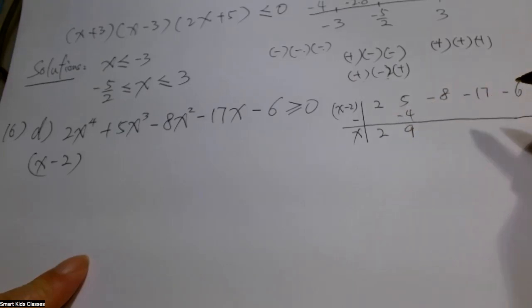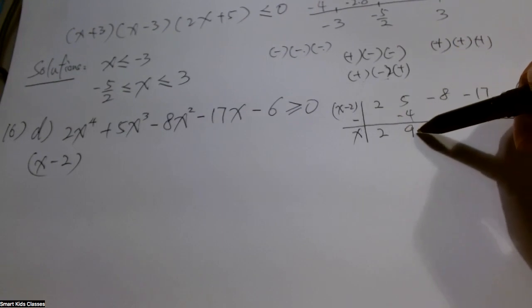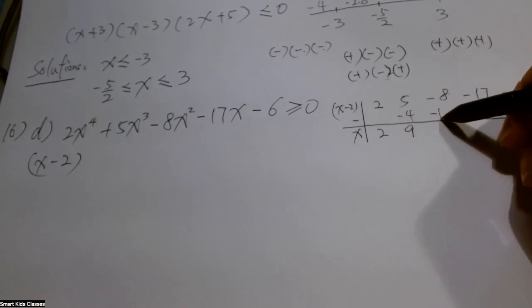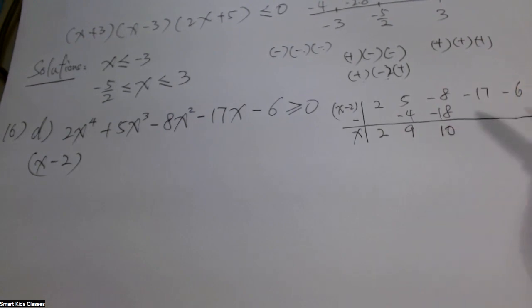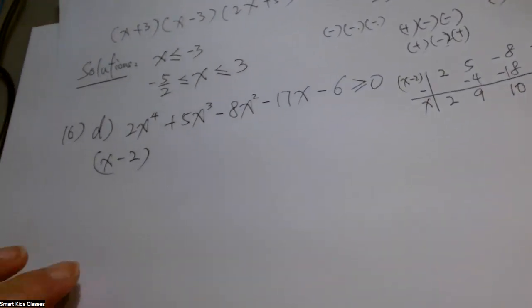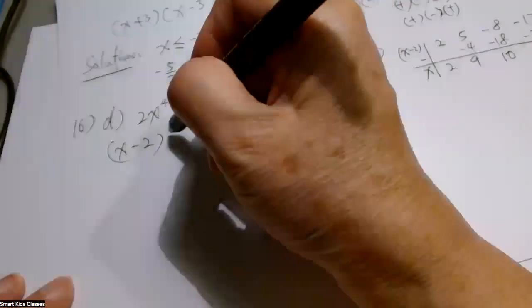We get a 9 here. 2 and 9, we get 18. So we got a positive 10 here. 2 times 10, we get 20. We got a positive 3 here. 2 times 3, we got 6. No remainder, it fits.